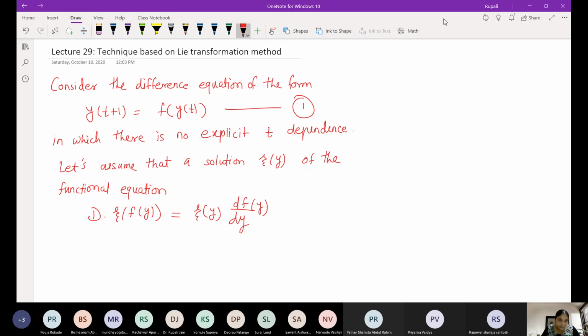So we are considering a functional equation, and we are assuming that a solution xi(y) of this functional equation is known to us for some constant d.